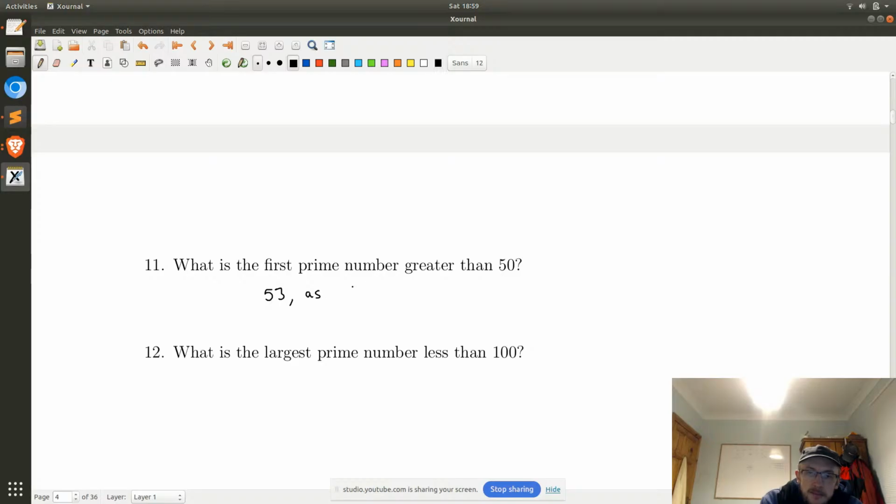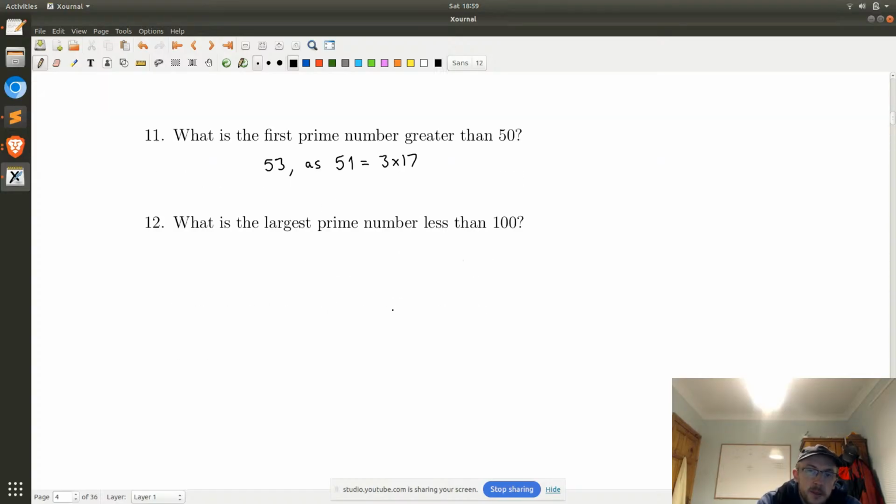My justification is the factorization of 51, the only other reasonable potential candidates, because 50 was just factorized as 2 times 5 squared, and 51 is 3 times 17, and 52 is obviously even, but I'll just factorize it anyhow. 52 is 2 squared times 13.